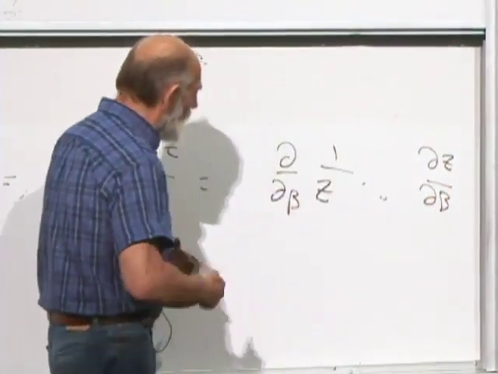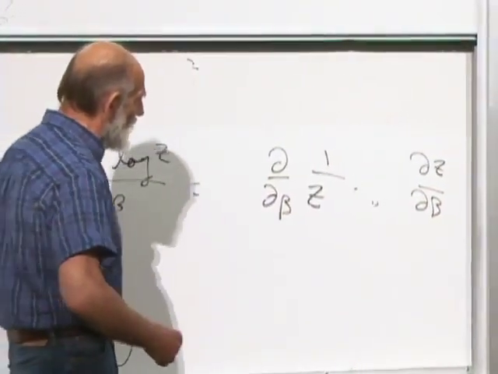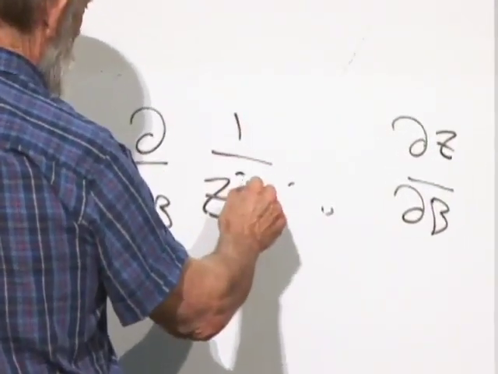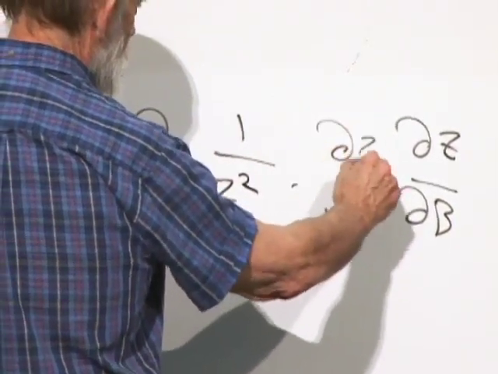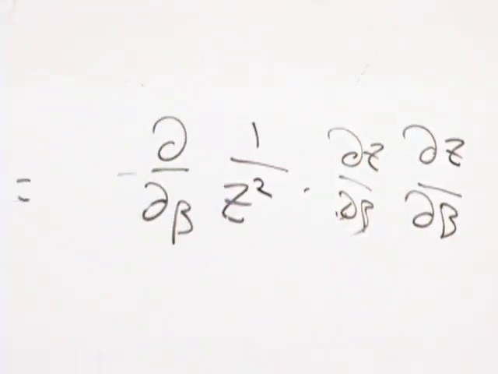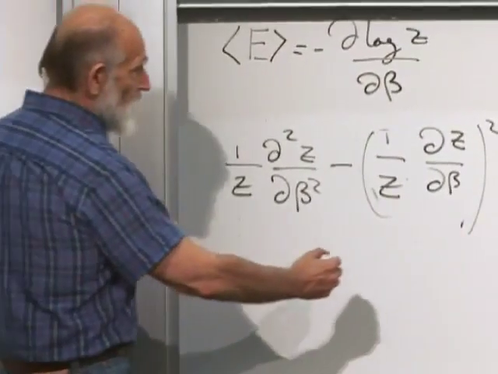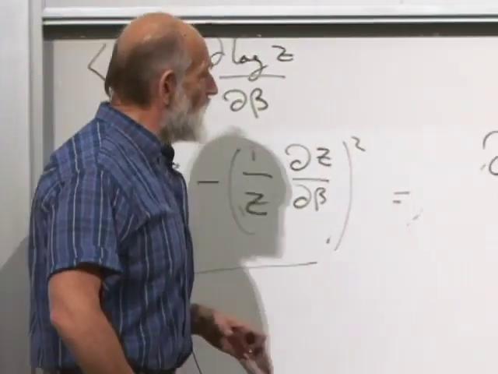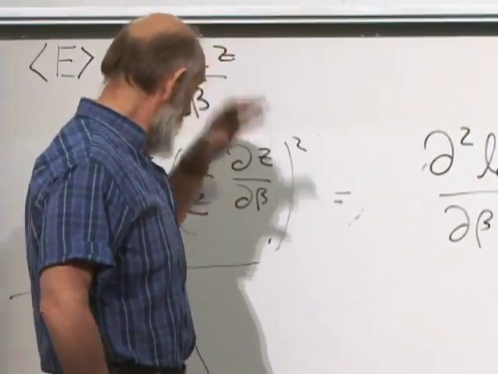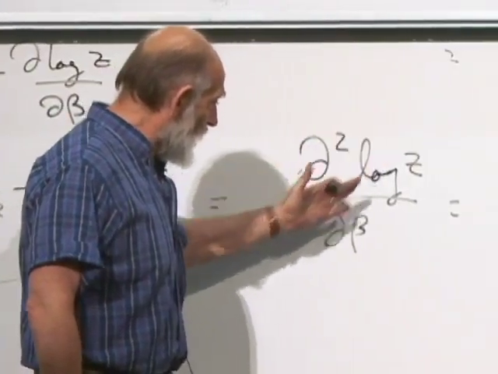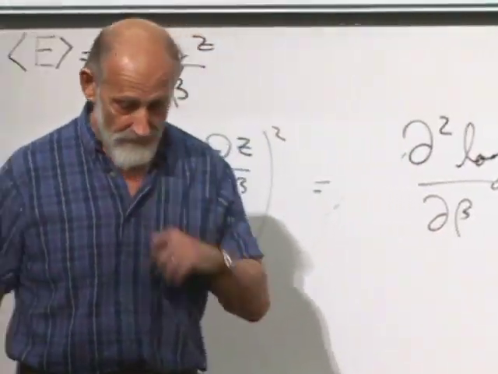When I differentiate 1 over Z with respect to beta, I get minus 1 over Z squared, another dZ by d beta. And so that gives me this term here. So, here's what I found. I found out that the variance is just the second derivative of log Z with respect to beta.